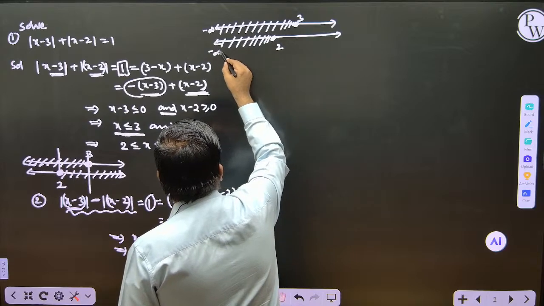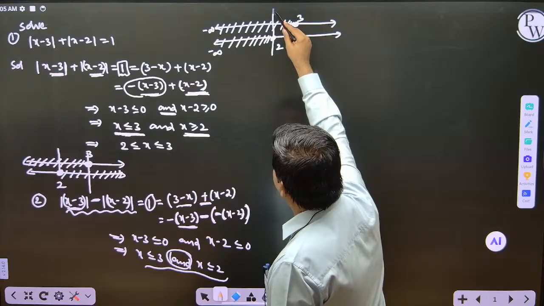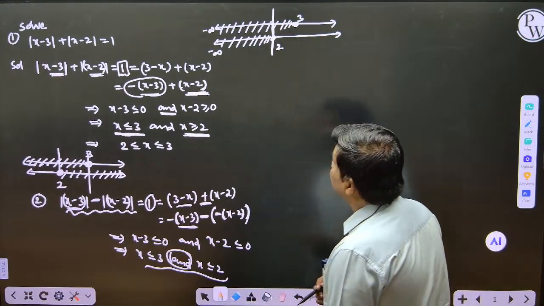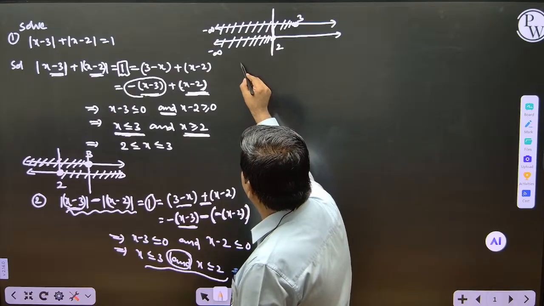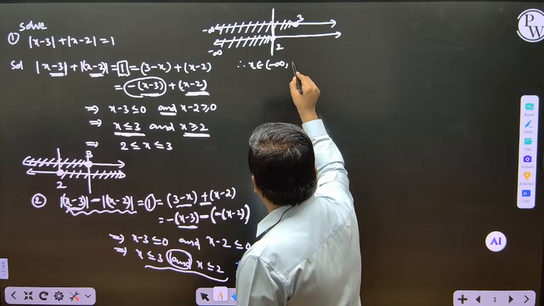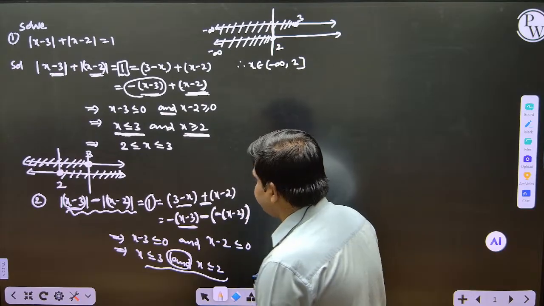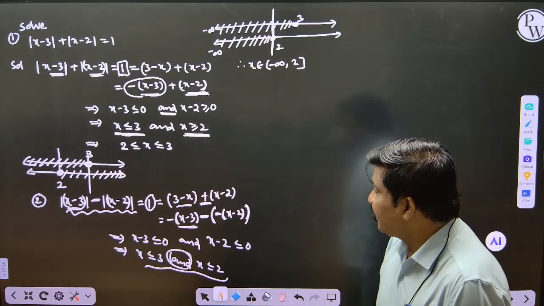Then what is your commonality? This is your commonality, or not? So therefore, x belongs to minus infinity to 2.